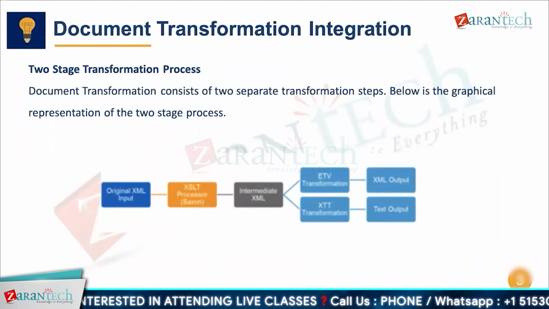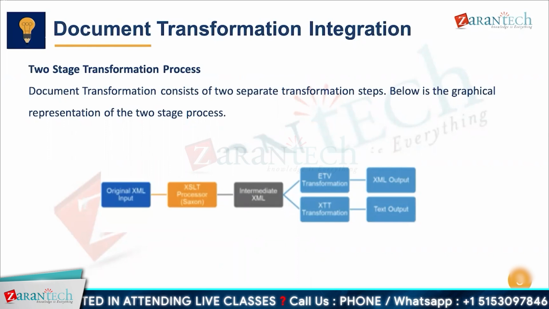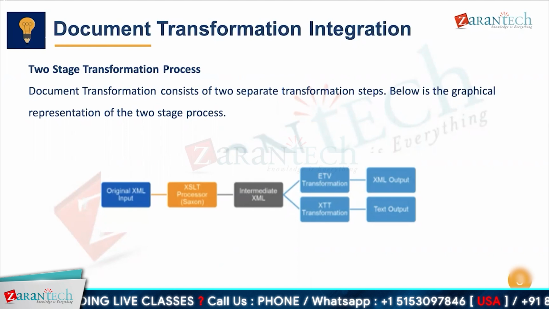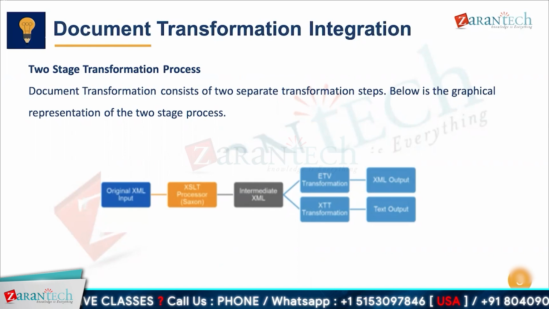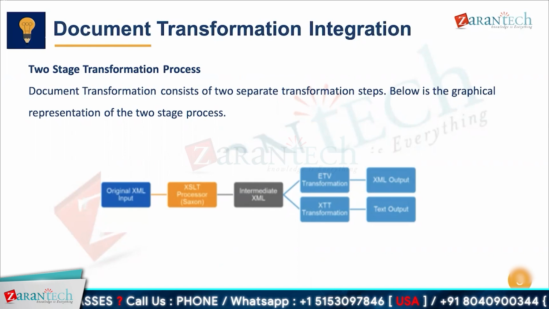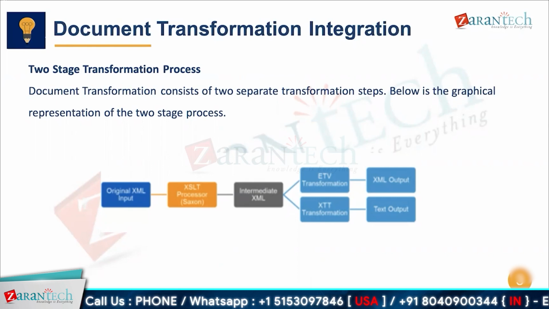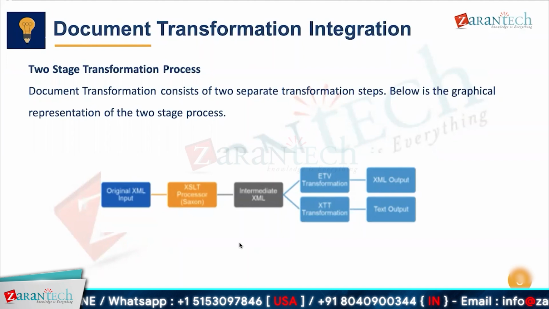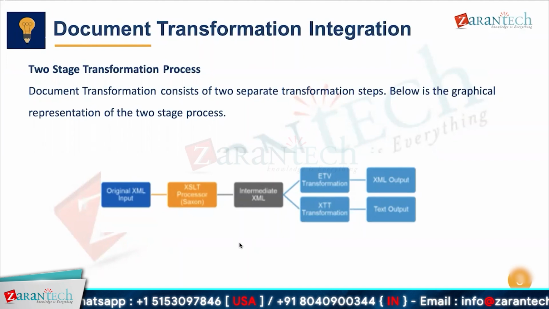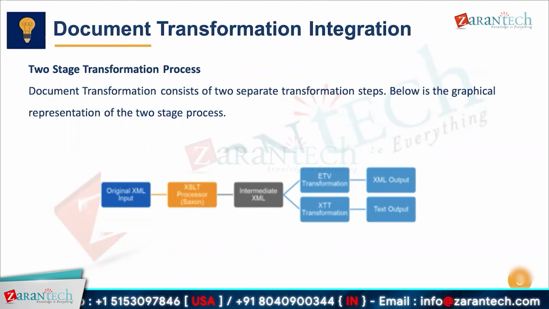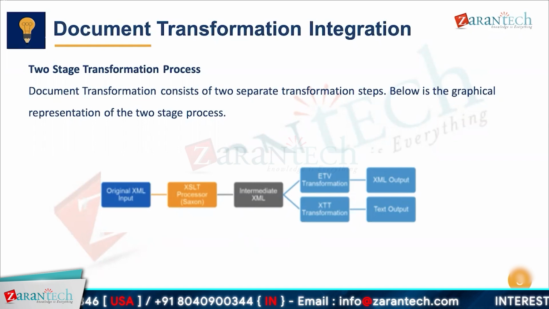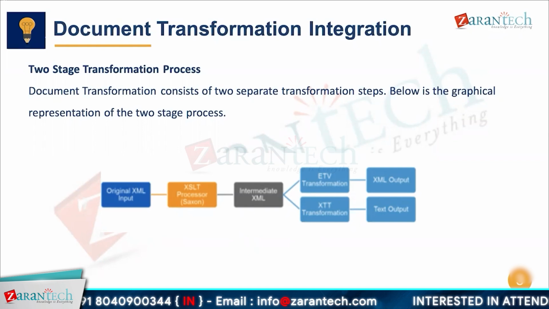Then there is the two-stage transformation process. Two-stage means that we are bifurcating the output. It is possible that there is an original input, and we are transforming it into two different formats.